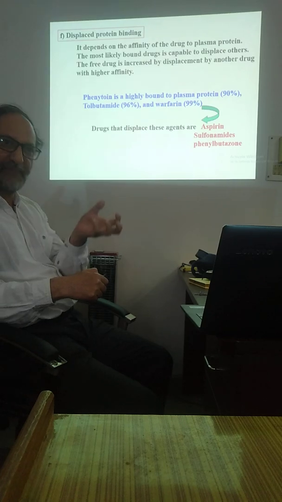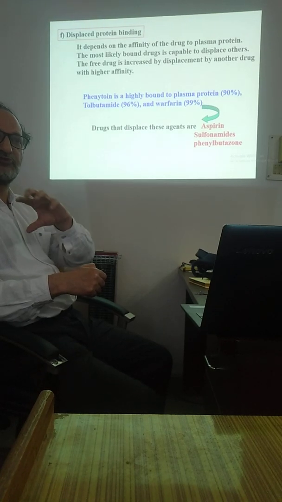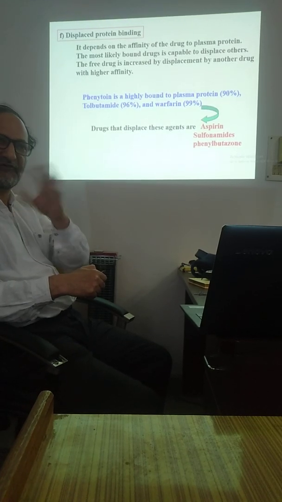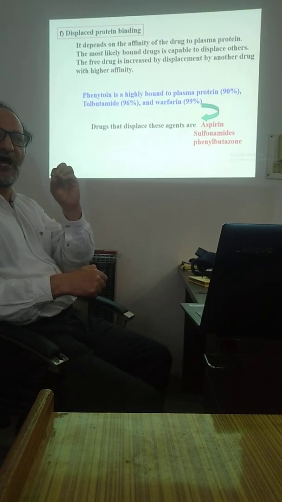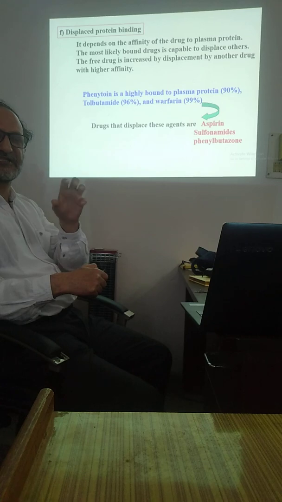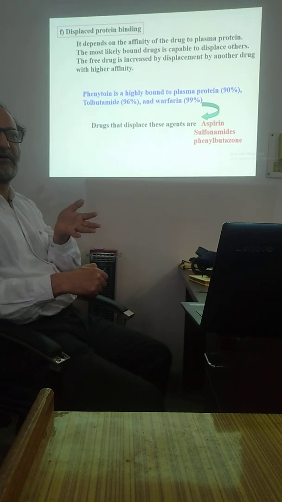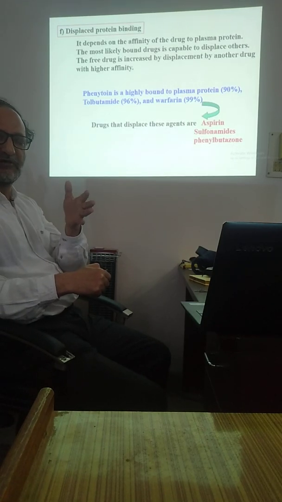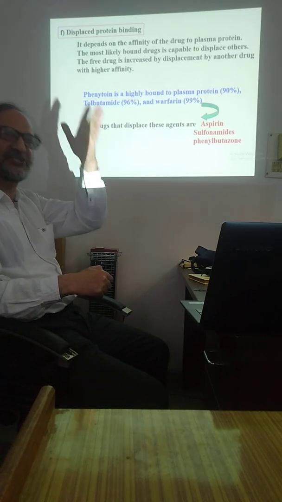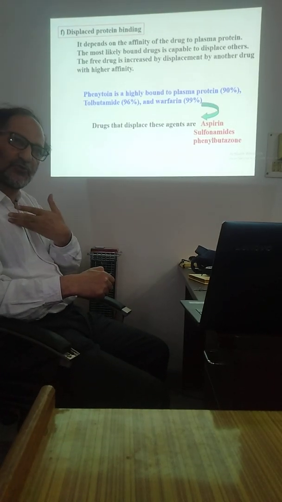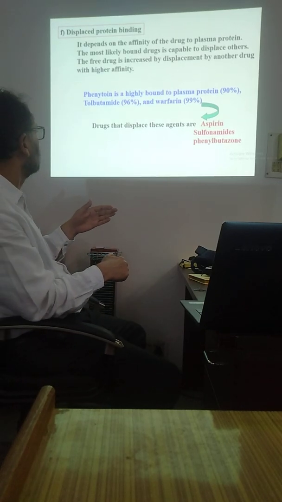It is just a binding capacity. Once we give two drugs, say warfarin and sulfonamides, the sulfonamide displaces warfarin on the albumin, and the warfarin concentration increases manifold, and there is profuse bleeding. So we have to take this into consideration.